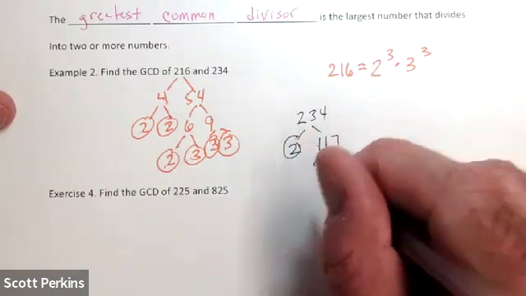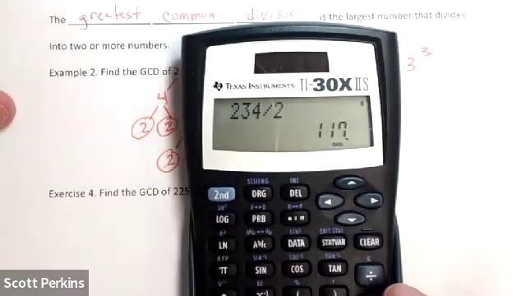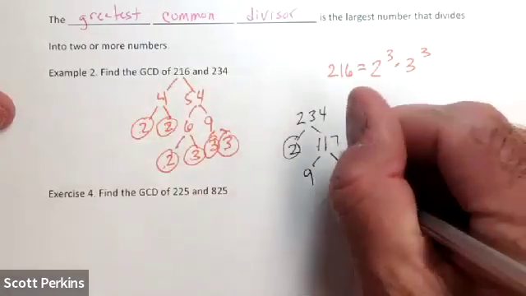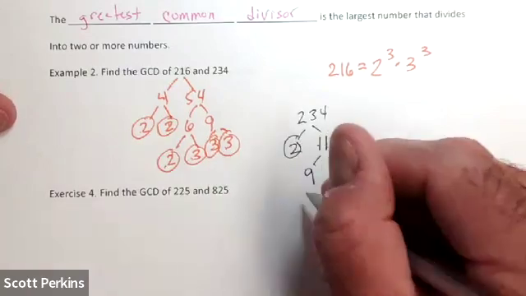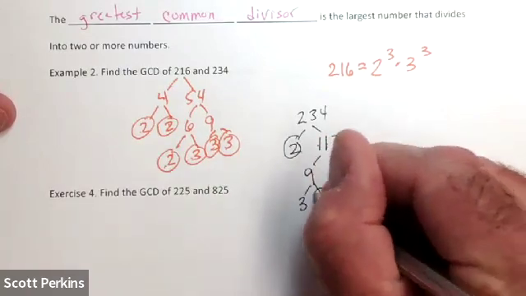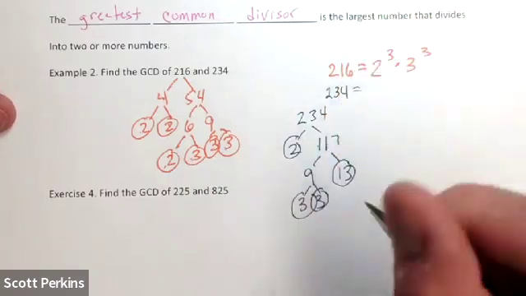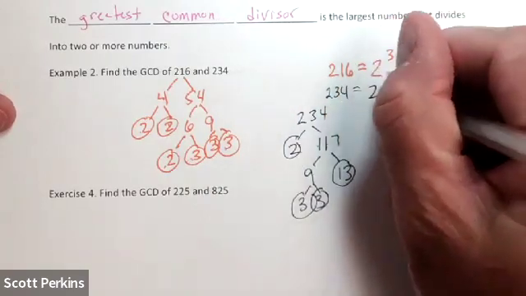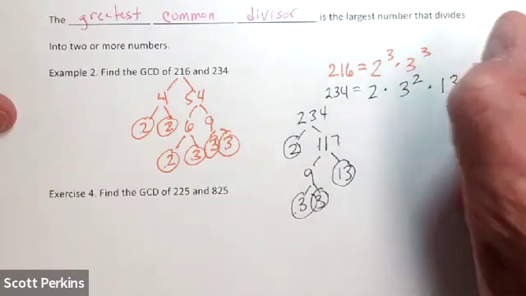So that means 9 divides into 117. So 117 divided by 9 equals 13. 13 is a number on that list of primes. So I know I'm done there. And 9 is 3 times 3, primes. So 234 is equal to one 2, two 3s, and 13.